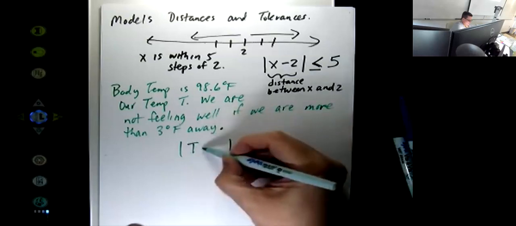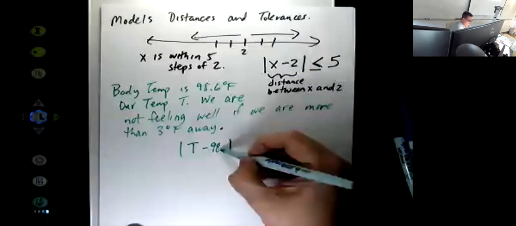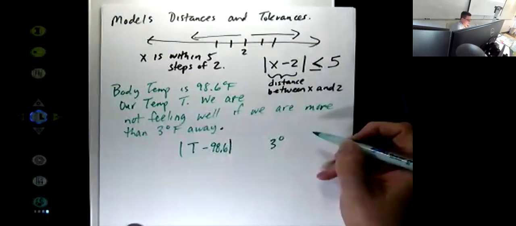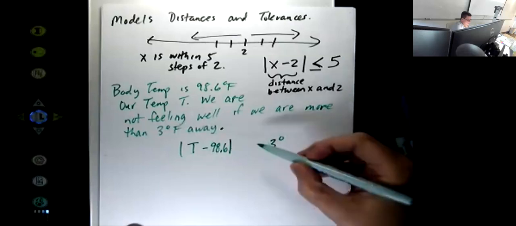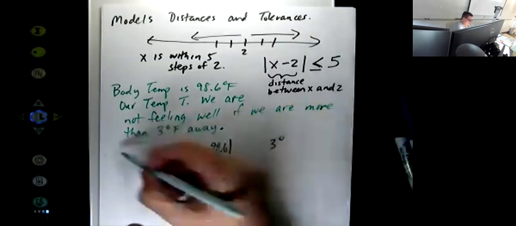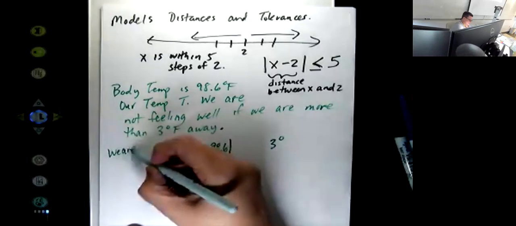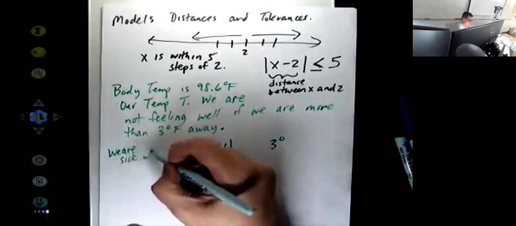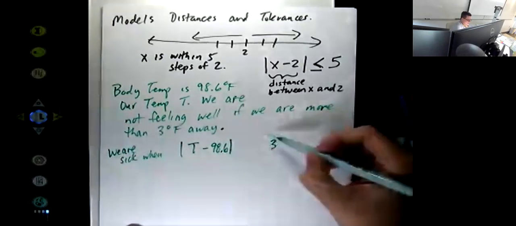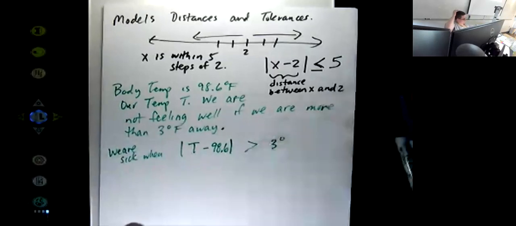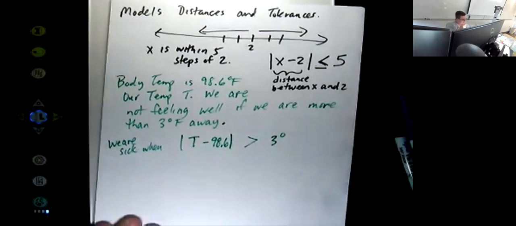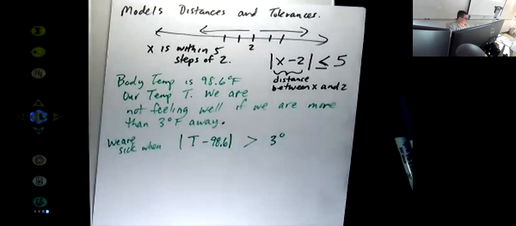The distance part is between us and the temperature, 98.6. And we're saying we are ill or sick when we're more than that, which would be greater than. So this can model temperature ranges for things like that.